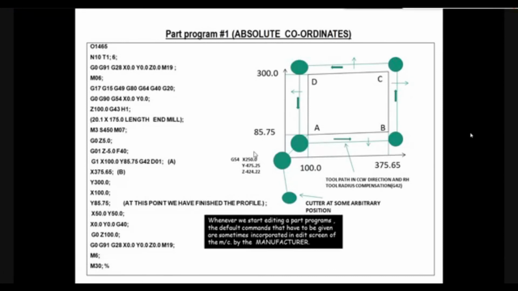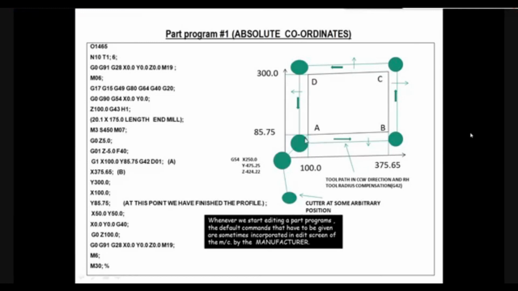Again, x coordinate of B and x coordinate of C both are same, but y coordinate of C changes from y coordinate of B. That's why we need to give the y coordinate of C for allowing the tool to cut along BC. And the next line: Y300 stands for C and X100 stands for D. And again, Y85.75 stands for point A.